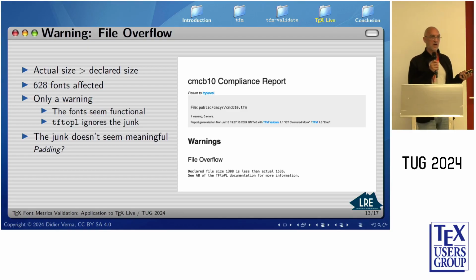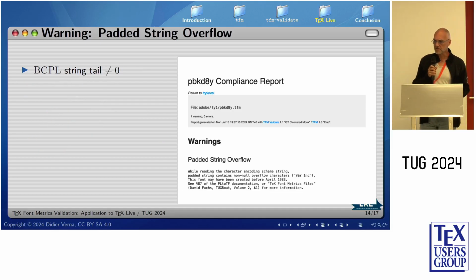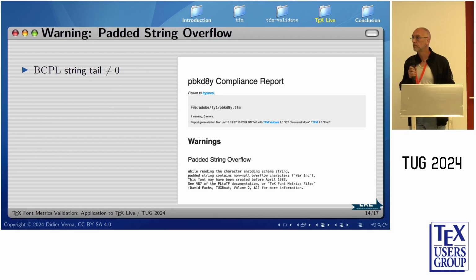The junk at the end of those files doesn't seem meaningful at all. I've looked at a couple of examples and I can't decipher what's going on in there. It's probably an artifact for some ancient files of padding to the next block on some, I don't know, some storage device or whatever. So it's not very clear what it is, but it doesn't seem to be really problematic. Second warning, sorry?